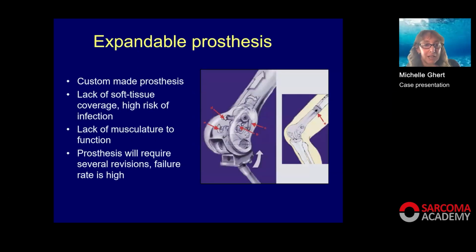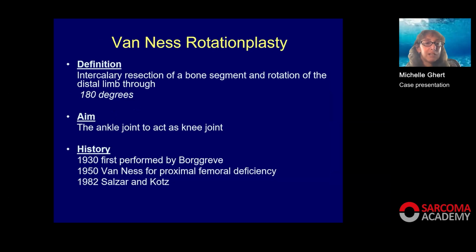Expandable prostheses are great because it could be just one surgery, especially with these magnetic extenders, but he would need quite a bit more growth and have a risk of the implant loosening fairly early on. So Van Nes rotationplasty, for those of you who are not surgeons, is a fairly old procedure.